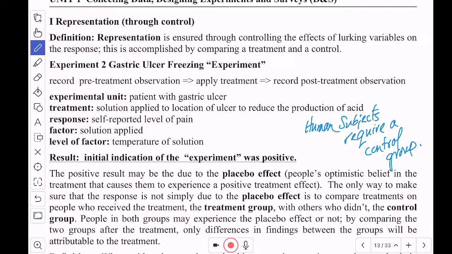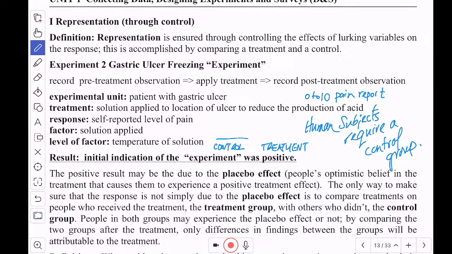So what's done is, let's say this is the control group. What we can do is we can measure the percentage of patients, for instance, or let's say the scale was 0 to 10 pain report.